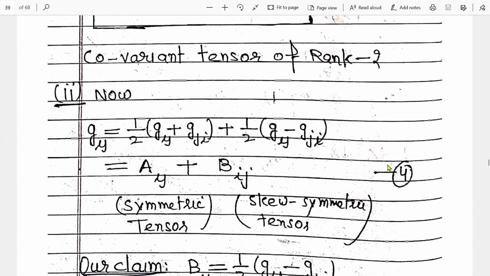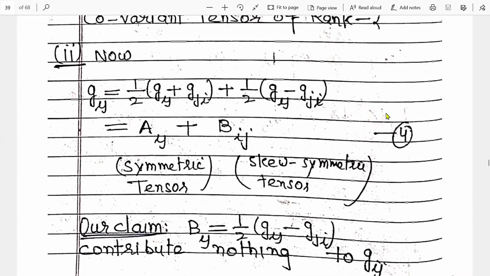So we prove that it is a covariant tensor of rank 2. Now the second property: it is symmetric. Now we know that we can write this tensor in this form because it cancels with this, and this total will become the Gij. So the first part can be written as Aij, the second part can be written as Bij.